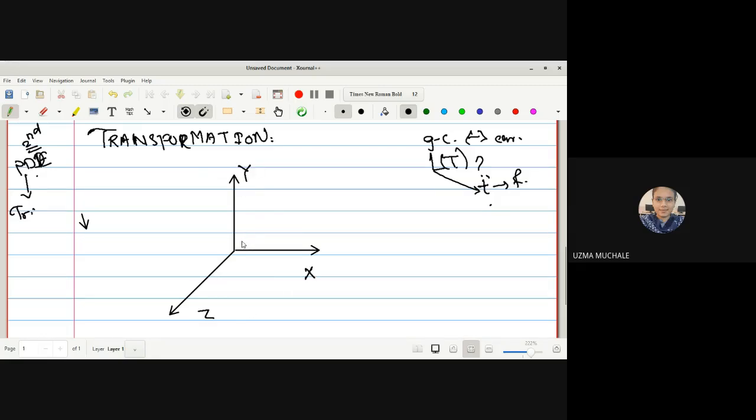Now, if I perform the rotation, let us assume the new axes we find are, say, x dash, this is the new one, y dash, and this is z dash.